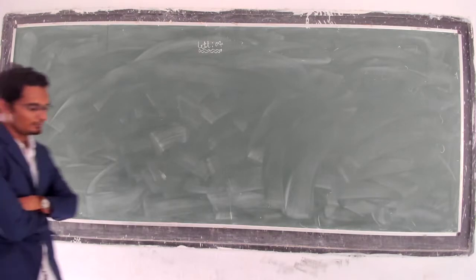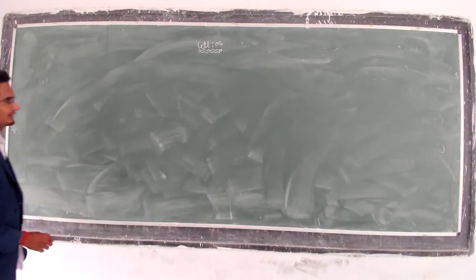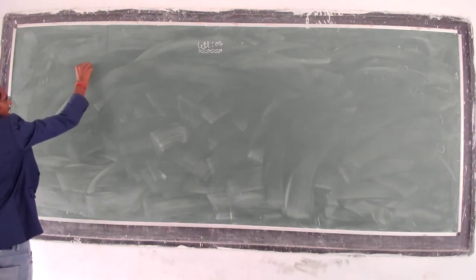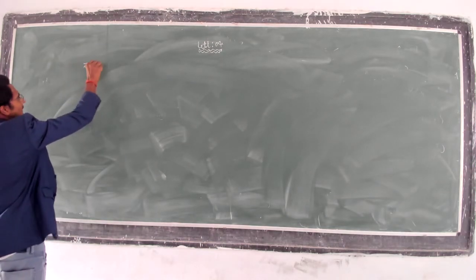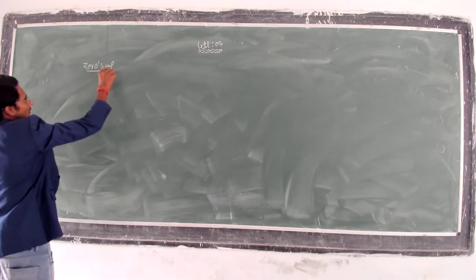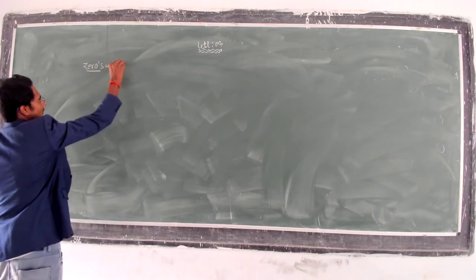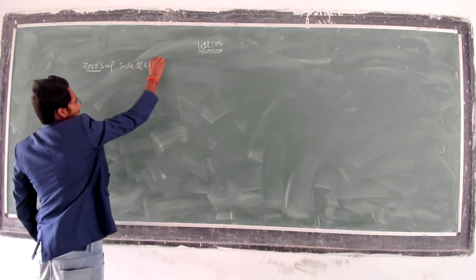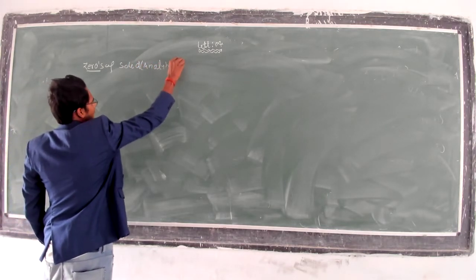Yes, so we are seeing three types. Let us rewrite some more definitions based on it. So the first one, zeros of an analytic function.